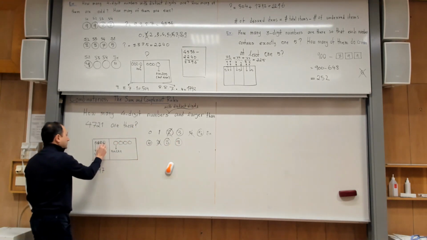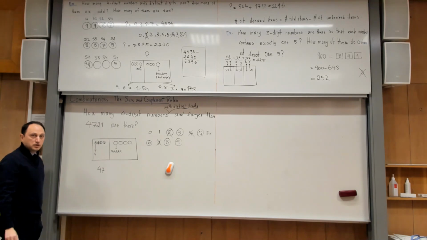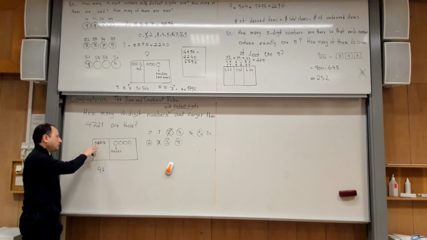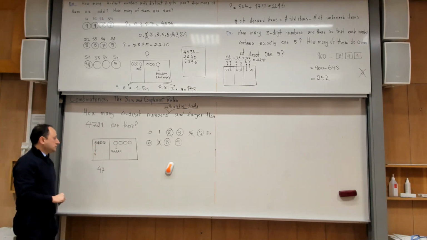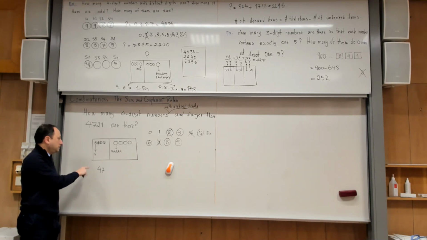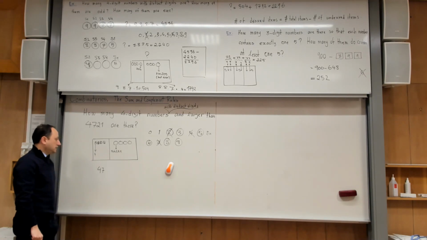This is what you have written. Yes? So you are saying that the way that you have done is considering all 4-digit numbers that start with a 4, yes? And larger than that number.